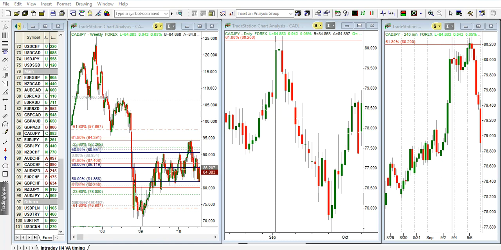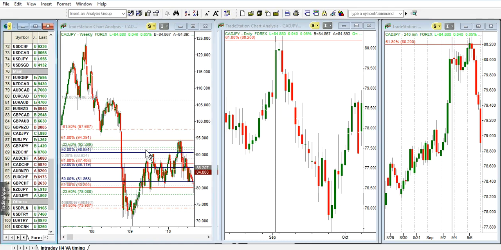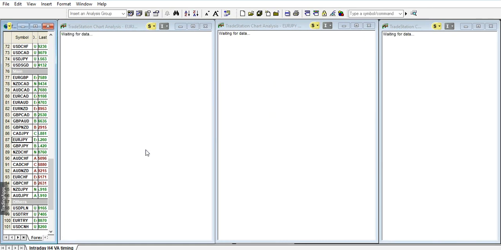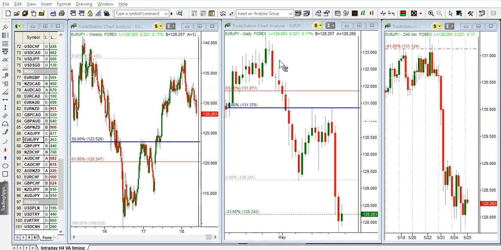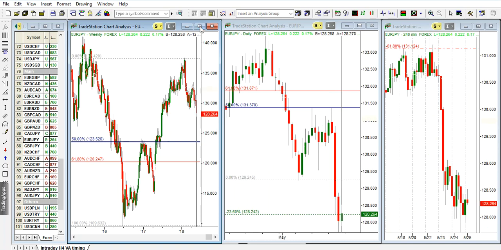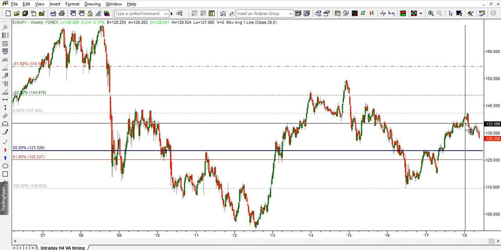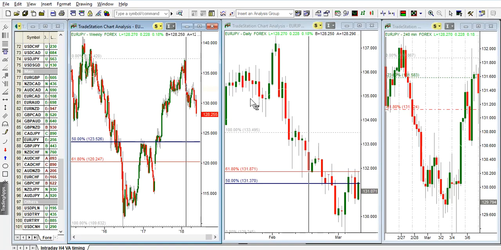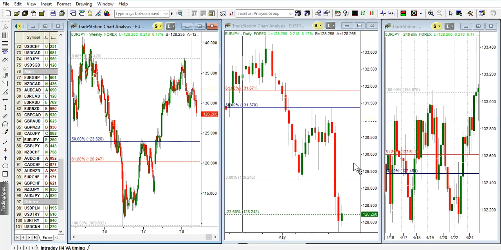Right, so the euro, Japanese yen, there was a weakness in this market, and the 50% short here has come into play here at the beginning of the week.